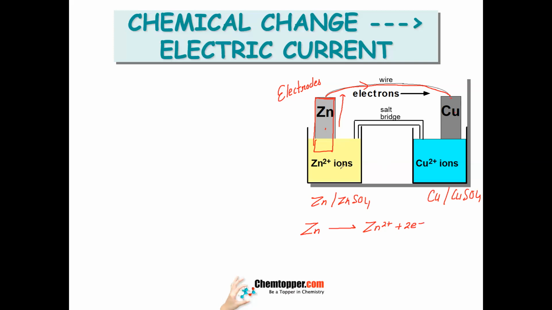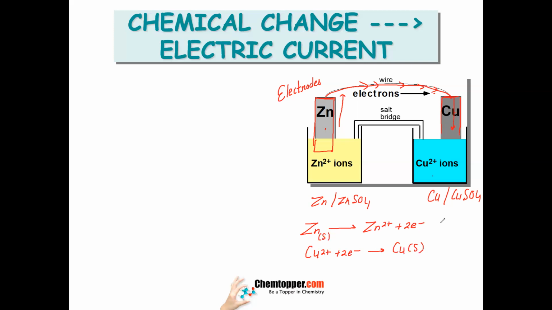They will not go in the solution because in the solution there is no one to gain them. So they will be forced to move in the wire and then they will enter this electrode. This electrode is full of electrons. And from the solution, copper 2 plus will gain 2 electrons to give copper solid.